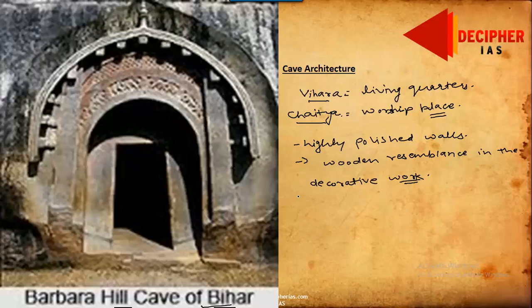The two widely known wood-imitating chambers are the Lomas Rishi cave and the Sudama cave. The details of these caves show a clear influence of wooden architecture, as I told you earlier. Similarly, as I can recall, the use of bamboo in roof construction you can see in the Gopi cave, and it was made during the reign of Dasharatha. Dasharatha was a descendant of Ashoka.